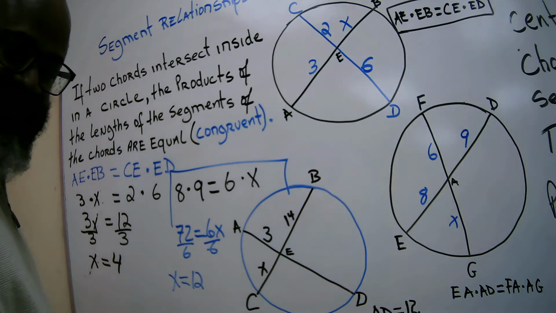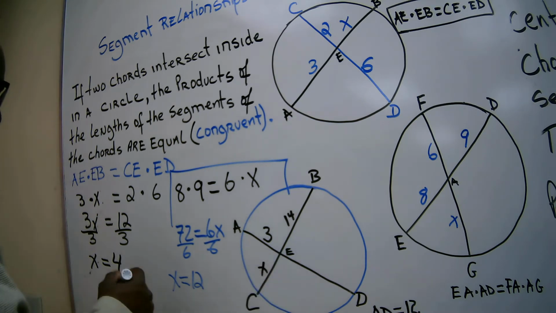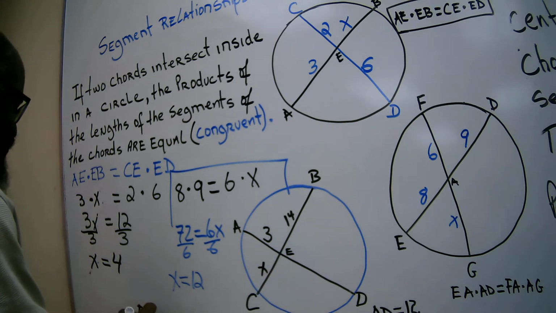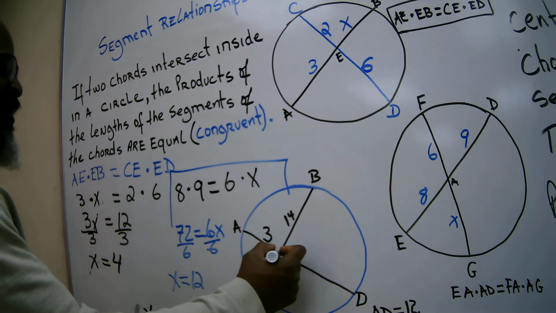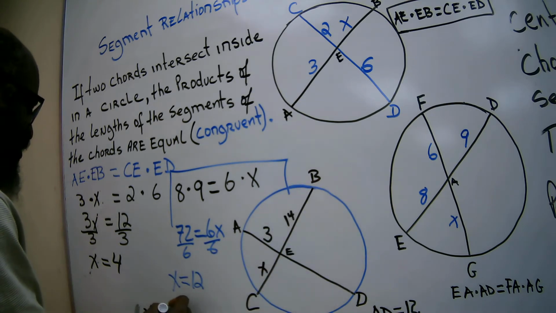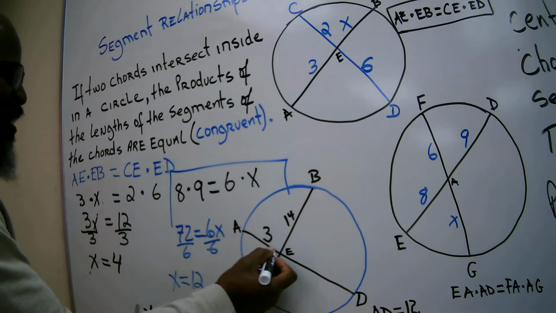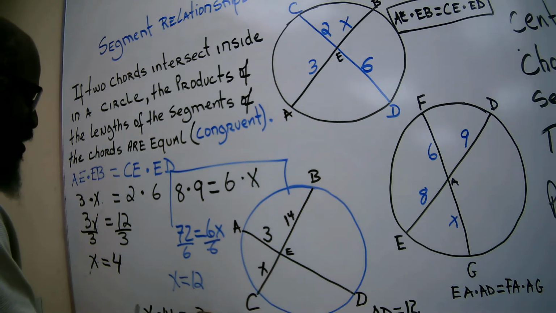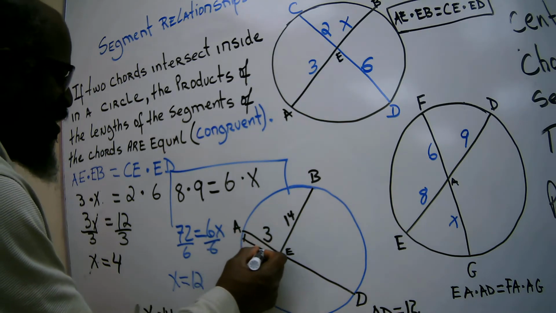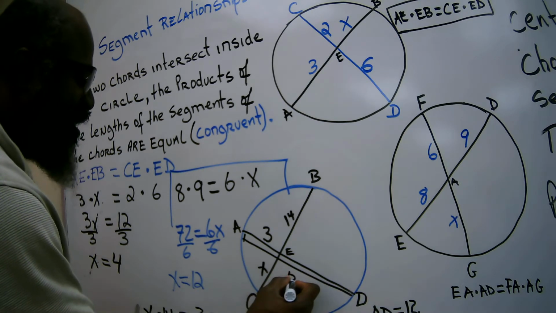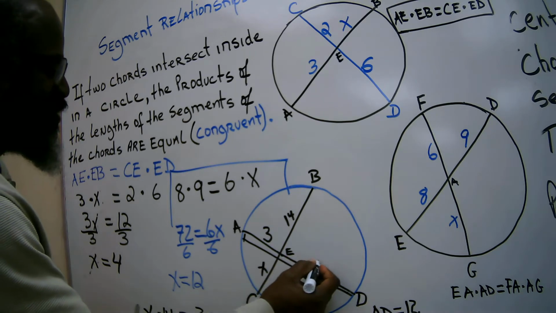Then you're done. In this problem, you will end up with CE, which is x, times EB, which is 14, should equal AE, which is 3, times ED. Now remember, they're telling you AD is 12. If AD is 12, the entire length is 12, AE is 3, therefore ED has to be 9.